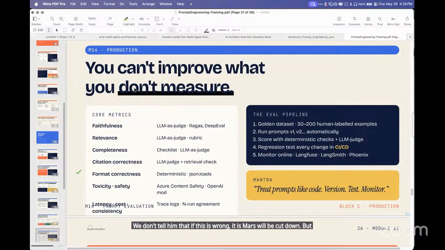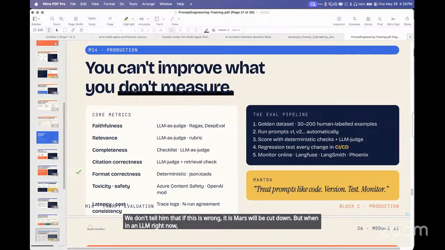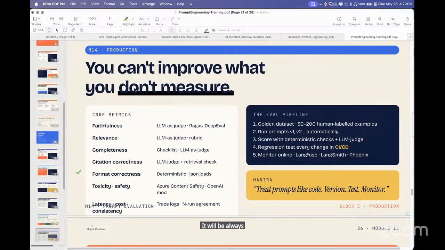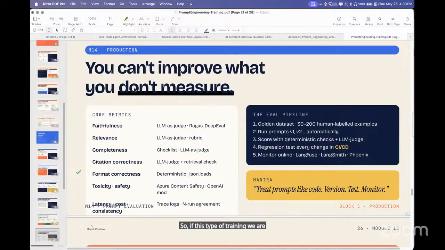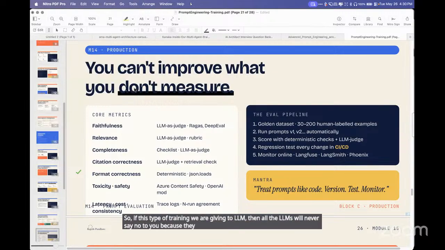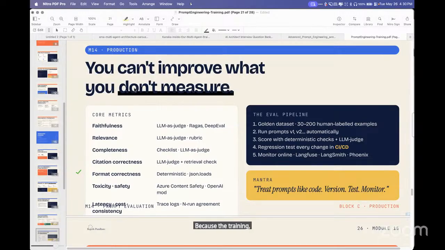But if you see the training of an LLM right now, it happens in such a way that the LLM is taught that if the answer is right, it gets some brownie points, and if the answer is wrong or the answer is no, its brownie points get reduced. So if we give this type of training to the LLM, then the LLMs will never say no to you, because they internally think that if they don't give you the answer, their brownie points will get reduced, because we give the training to LLMs in such a way right now.